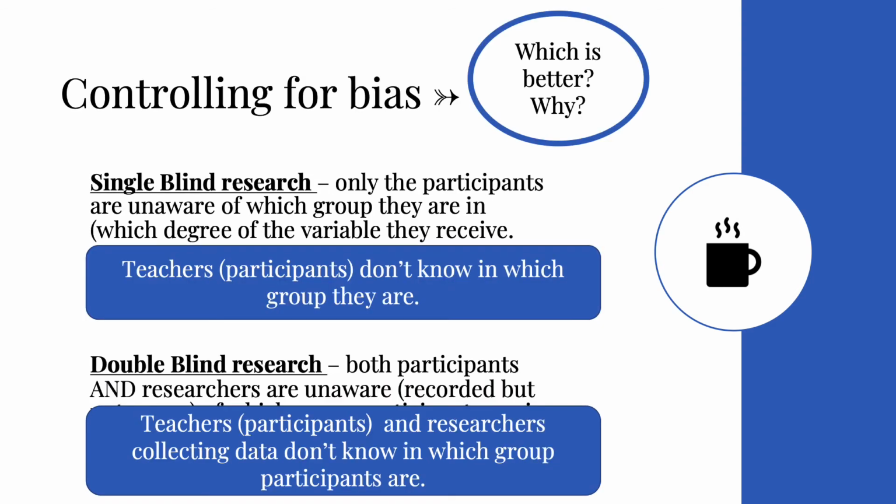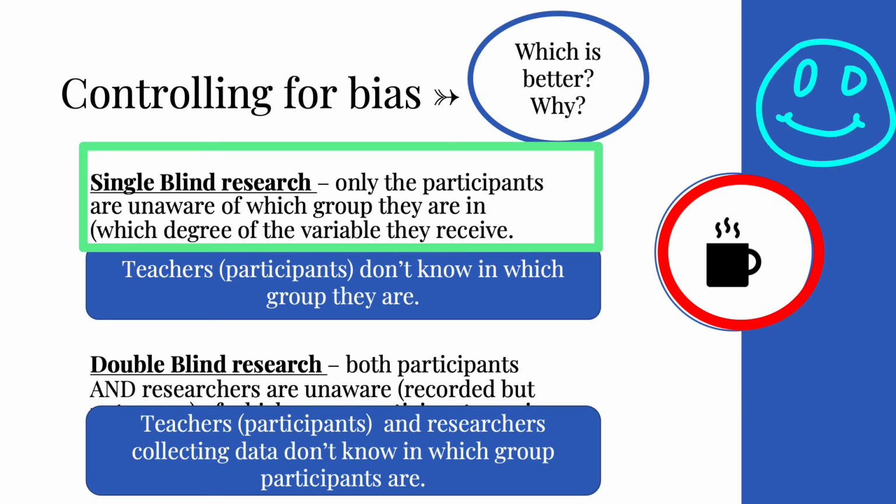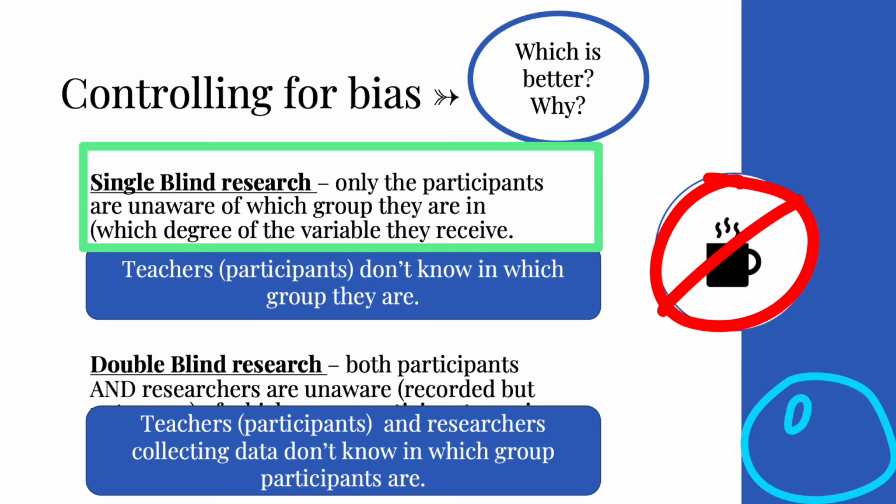Okay, so we have to make sure that we're controlling for bias. There's a couple of ways that we can do that. One way is what's called single blind research. A single blind research is when the participants in the study don't know which degree of the variable they received, meaning they don't know if they're in the group that got the experimental, the caffeine, the decaf, or the colored water.